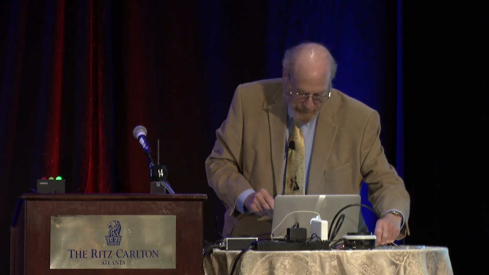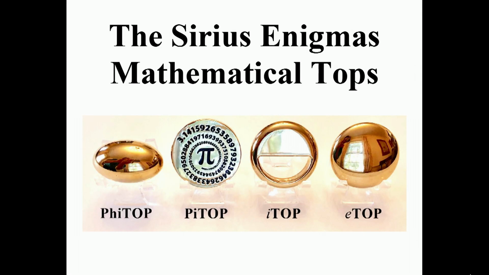It's a quasi two-dimensional tippy top, if you want to think about it that way. You're all going to be able to play with these things upstairs in one of the rooms up there. So I've designed a suite of 4 tops, phi, pi, e, and I, for all of these major constants.